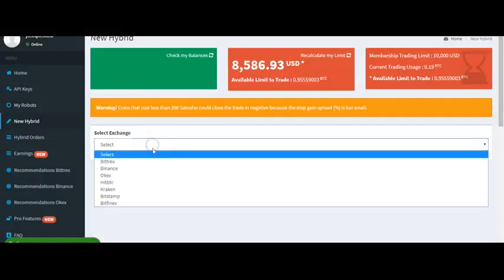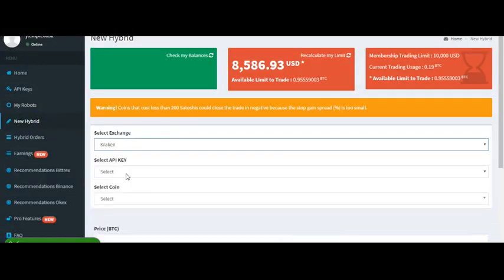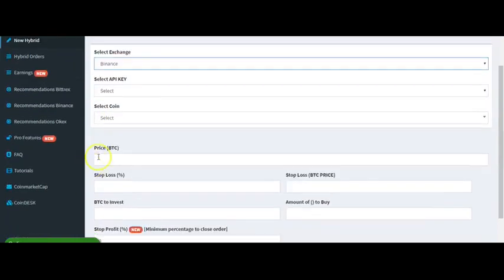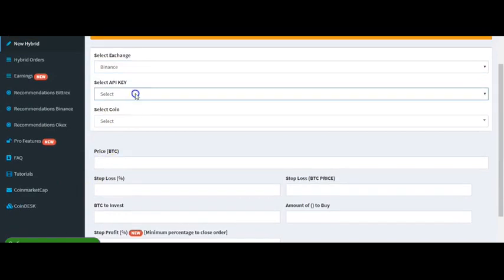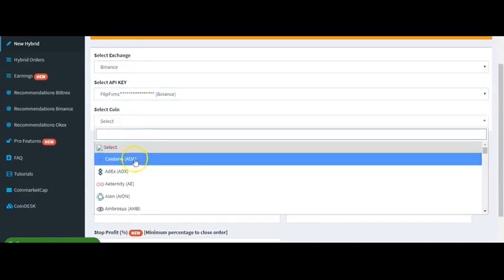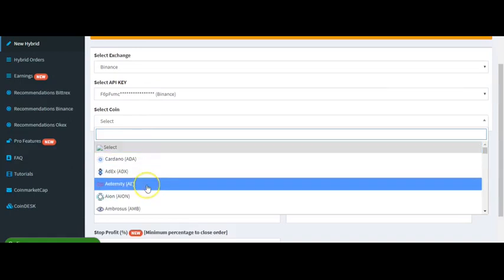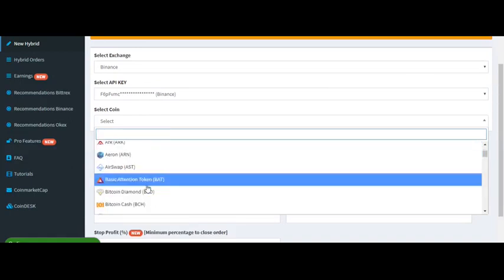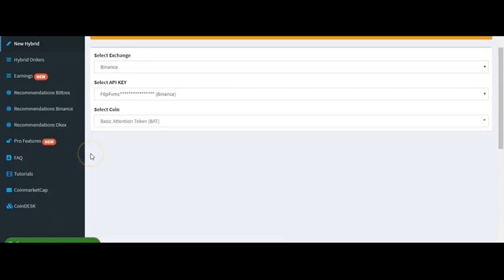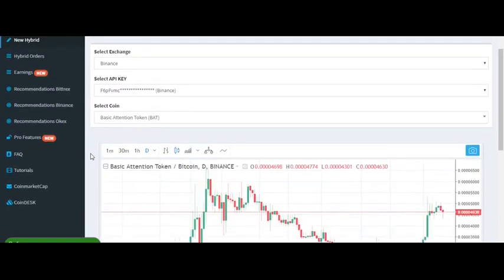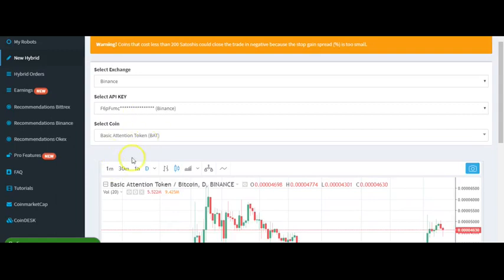Okay, so the hybrid works on Kraken as well. I don't have an API key, so we're going to use Binance for the example, but it does work on Kraken. So we're going to choose our Binance API, and then let's say we want to trade Bitcoin.